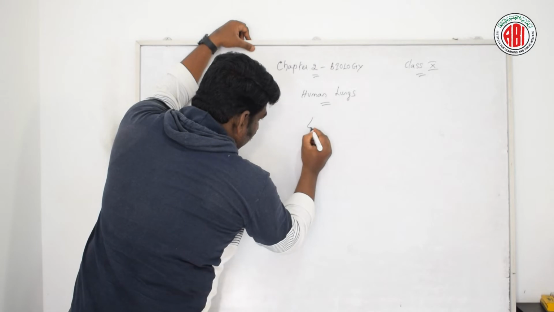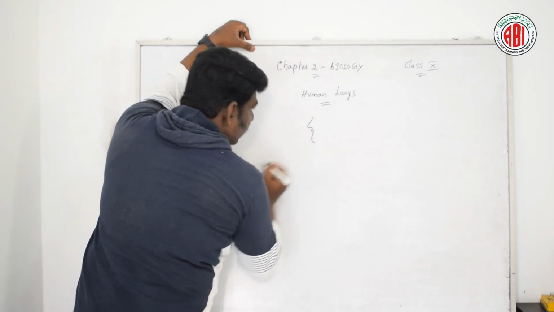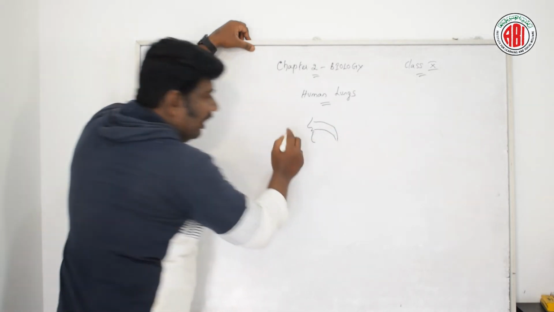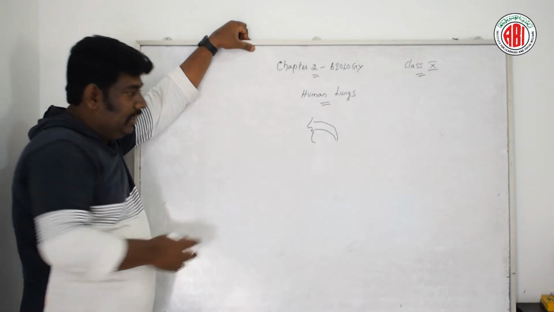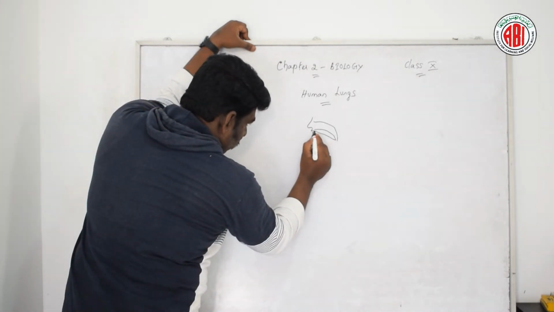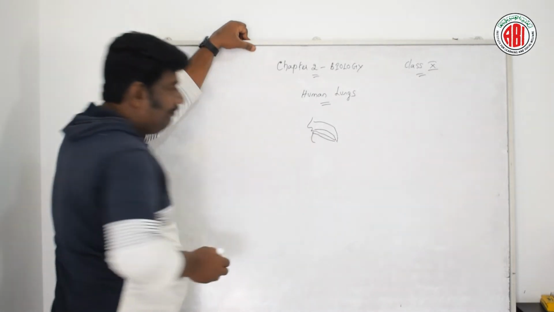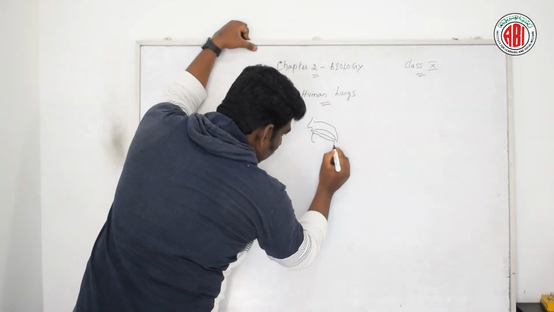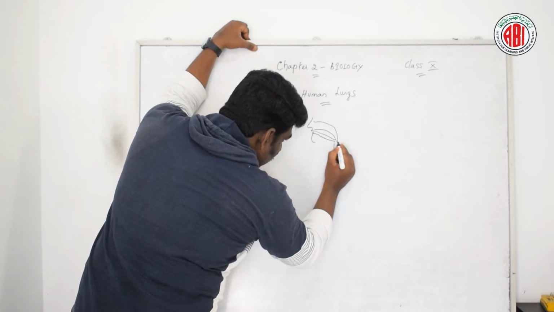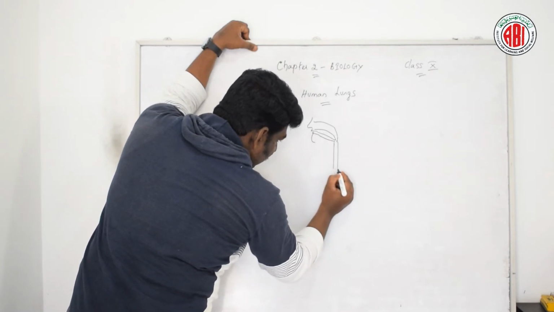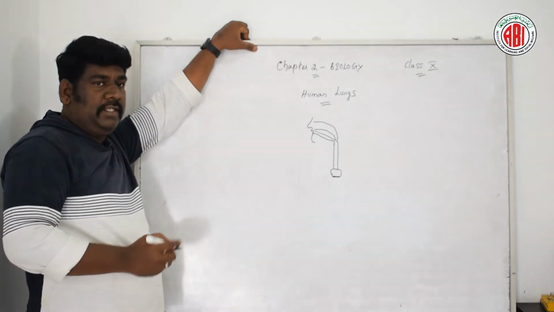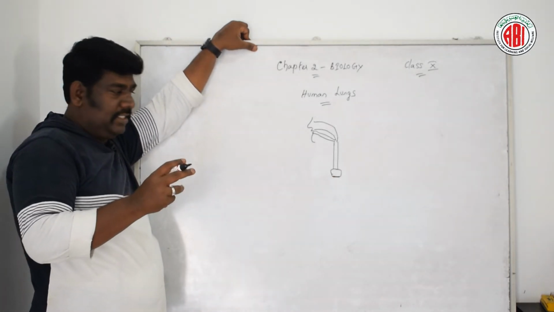First draw the nostril, then the mouth. From the nostril we make one elongated path, which is also connected to the mouth. This elongated path comes downwards in an erect position like this, and there you can see one thick, large square shaped structure.